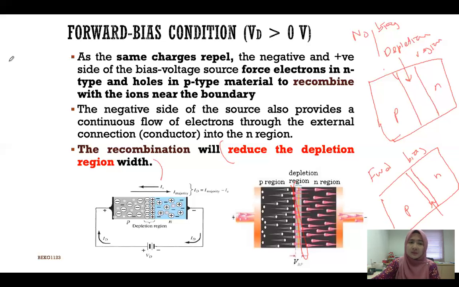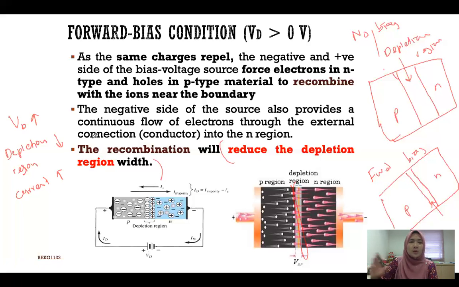So let me summarize what happens in the forward bias. In forward bias, VD is bigger than 0. When VD is high, the depletion region width will reduce and the current will increase. The current that can flow is increased.